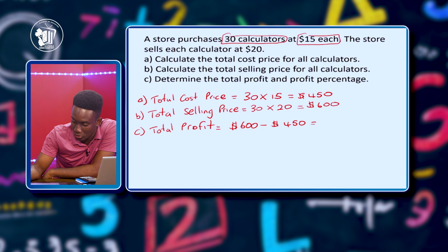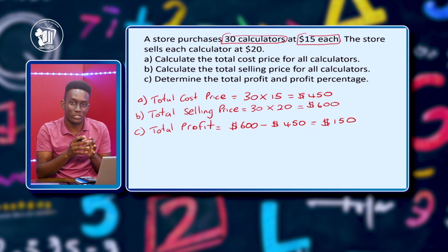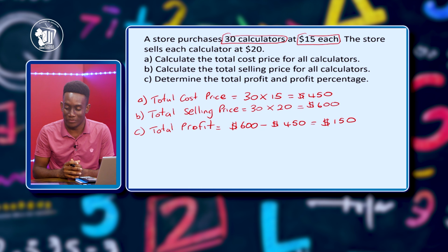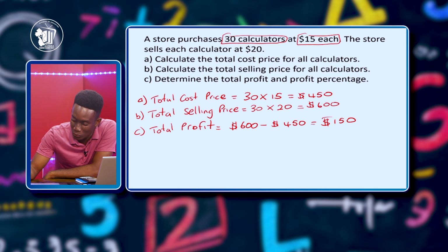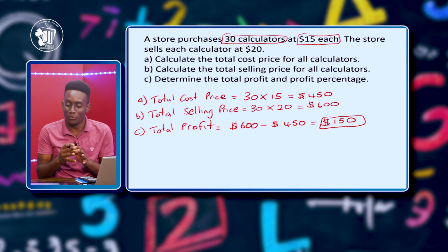And this will give us a total profit of $150. As I said, the key thing to note, you just put the big number first and you subtract the smaller number from it. So this is 600 minus 450. This is the total profit that the store made over all 30 calculators.